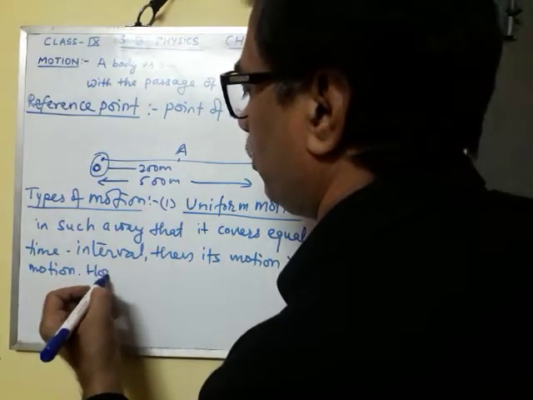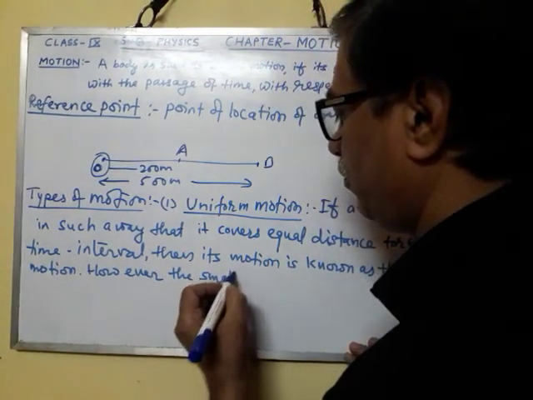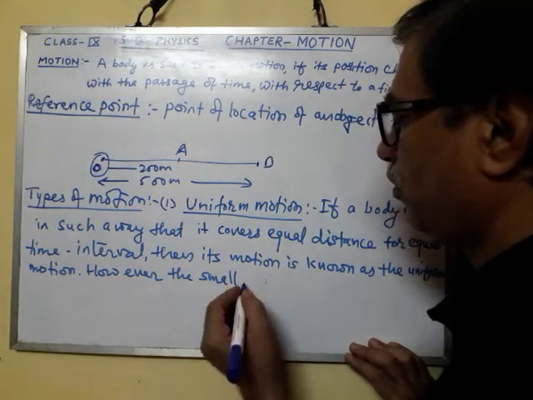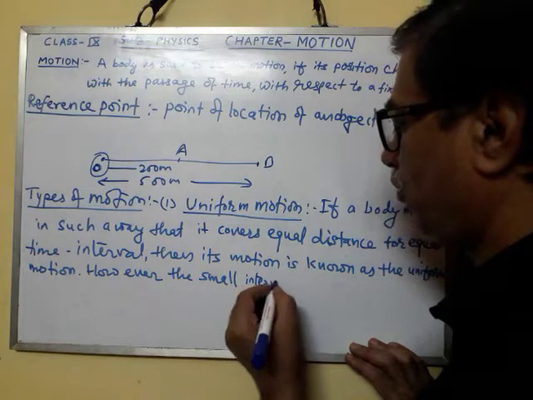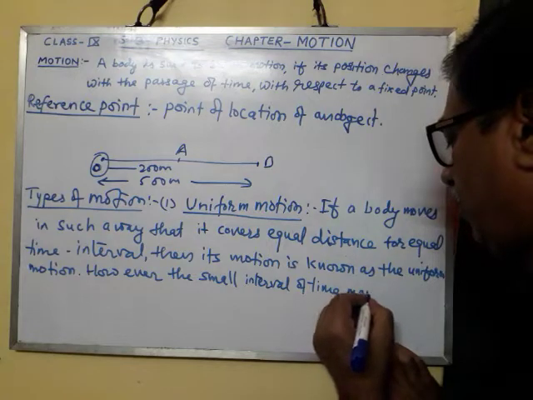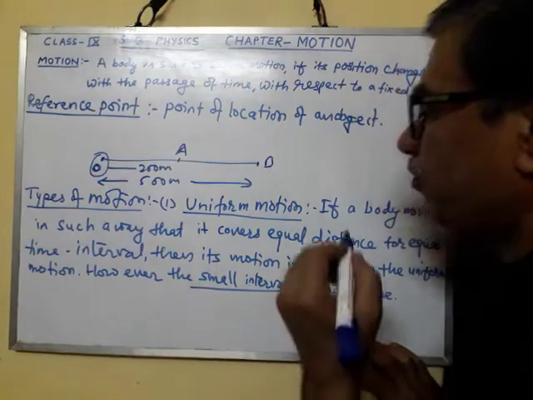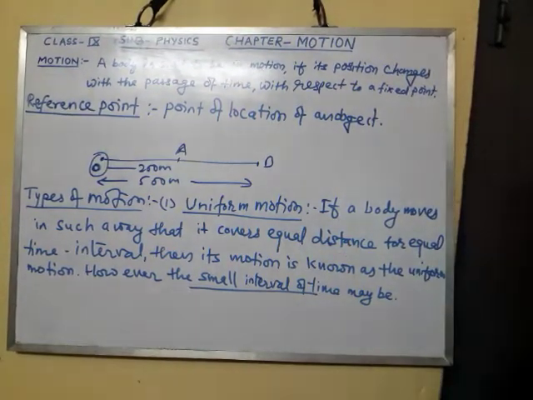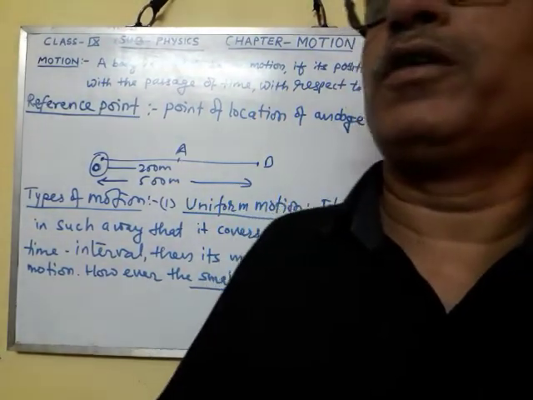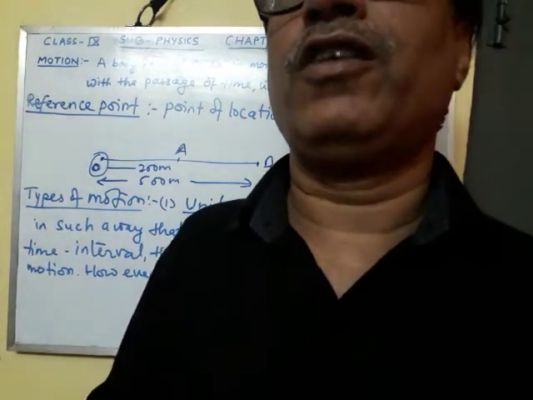However, the small time interval, this is a very important thing. Because the earth also appears to be in uniform motion, but it is not true, because the orbit of the earth is not perfectly spherical.